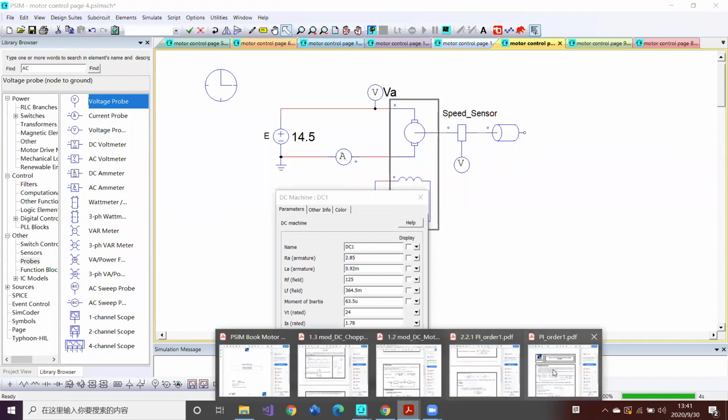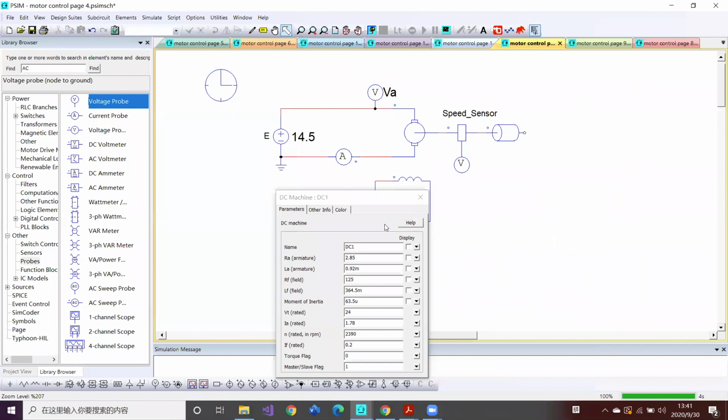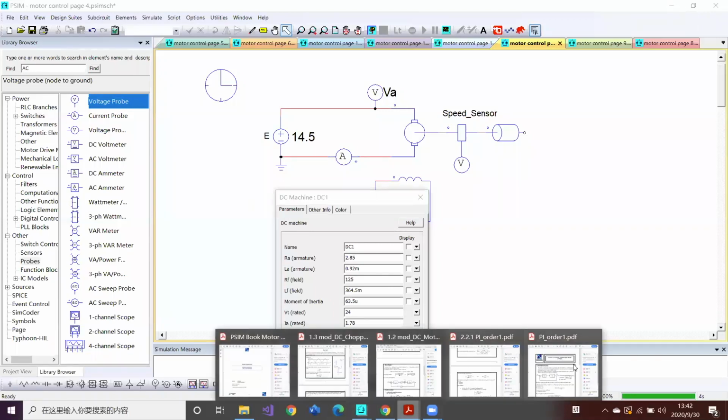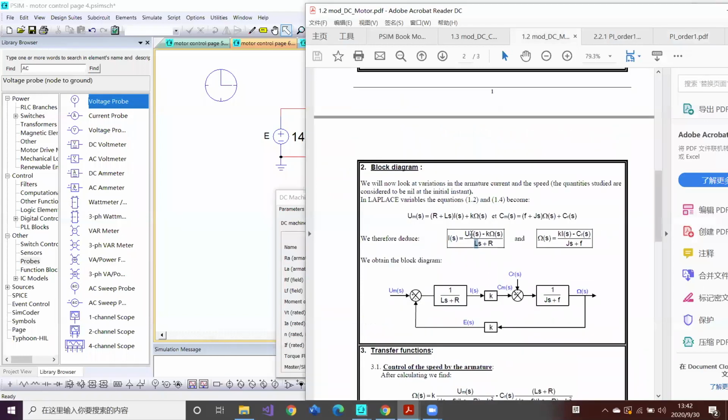Then the resistance, you go back here and find it is 2.85, so our A0 is 2.85. For the zeros, we don't have anything at the second order, so B1 is 0 and B0 is 1.